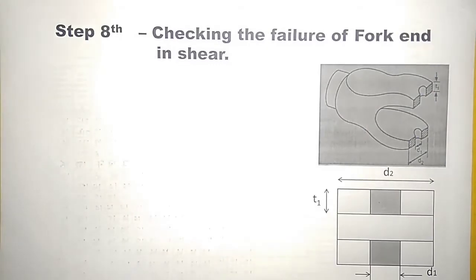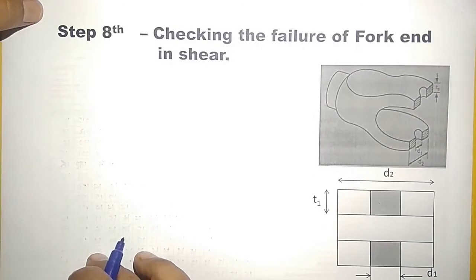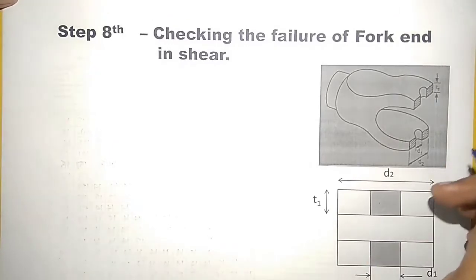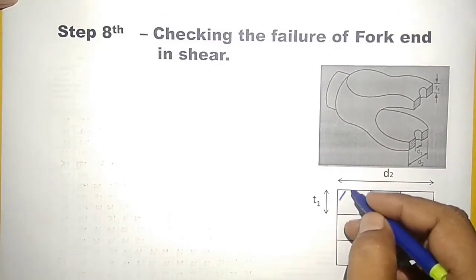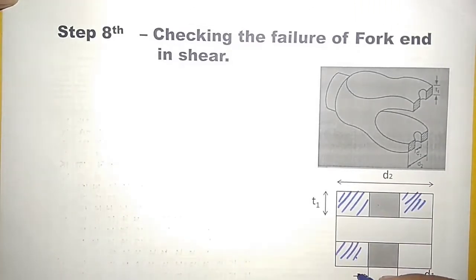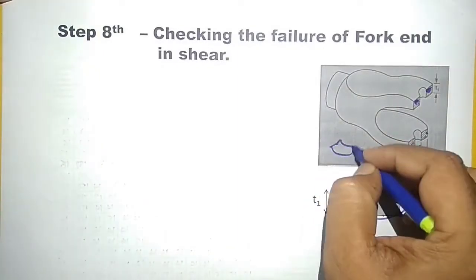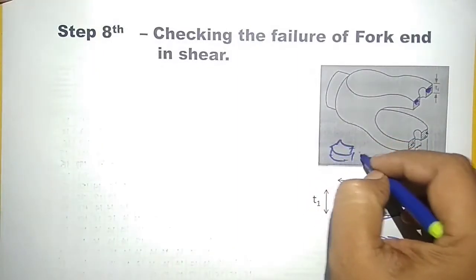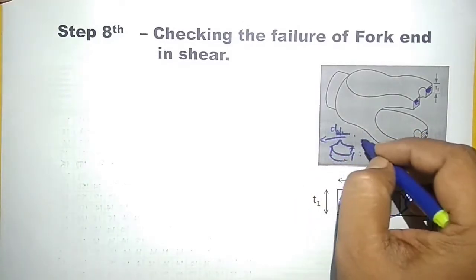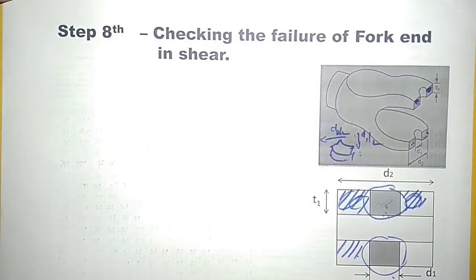Next step: checking the failure of the fork end in shear. Similarly, as we checked in tension and crushing, now we check shear for the single and double eye or fork end. In this step, the sheared area will be this one. This type of end will be worn out. These distances are d2 by 2 and d1 by 2.